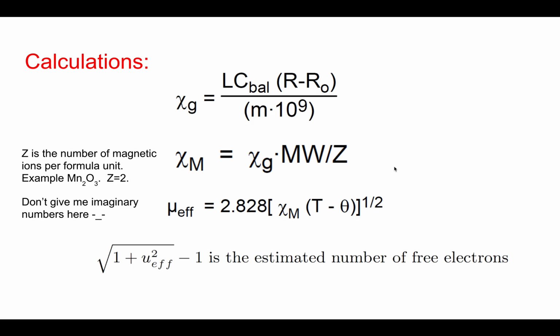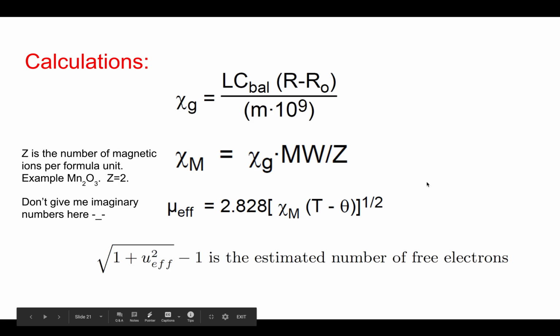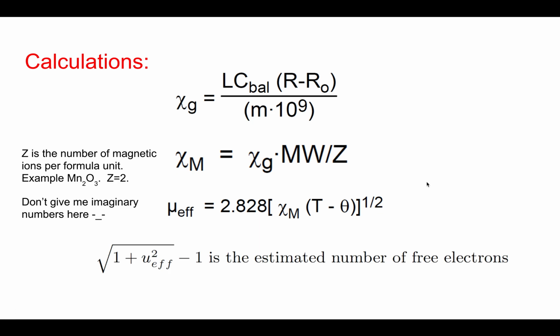So if you have a diamagnetic sample, just say U effective is 0. Then the square root of 1 plus U effective squared minus 1 is the approximate or estimated number of free electrons on the complex. Since we divide by Z, the number of magnetic ions per formula unit, it's the number of unpaired electrons on the atom.